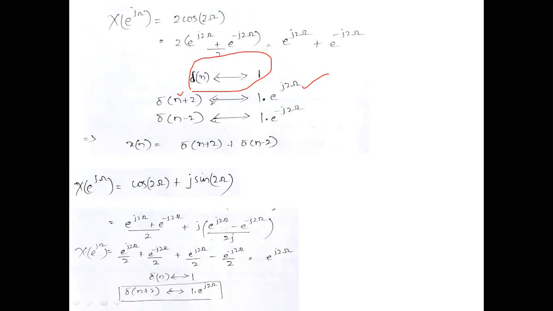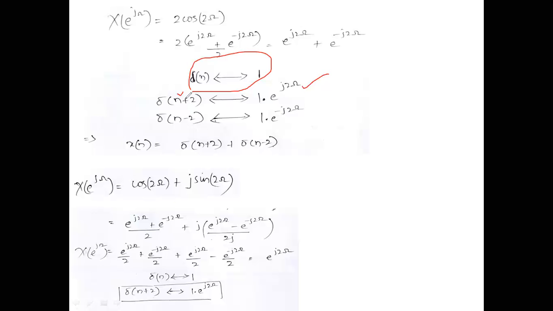Did I tell you the wrong thing? Multiplication by an exponential, shift in the time domain. Delta n was 1. Delta n plus 2 should be e to the power minus j omega, right? Okay. Yes, yes. The time shift property, sorry.